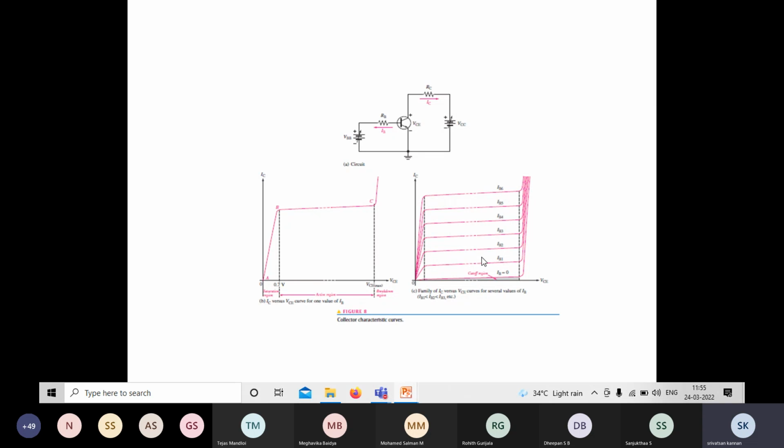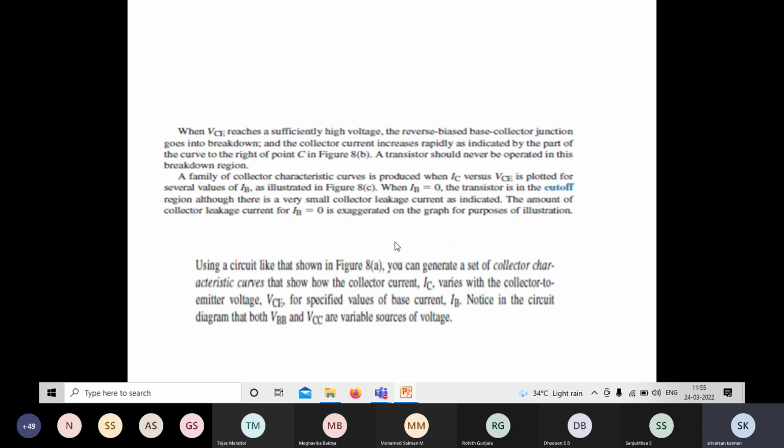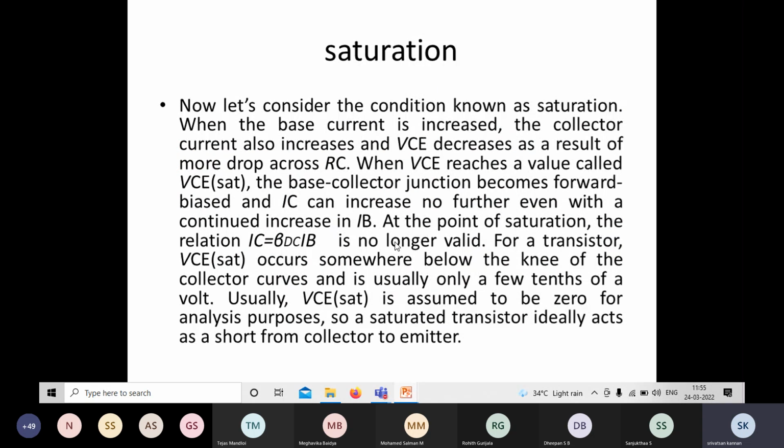So for every increase in the base current, there is a corresponding increase in the collector current. So IC is directly proportional to IB. So small variations on the input side produce large variations on the output side. So that is the basic action of transistor.